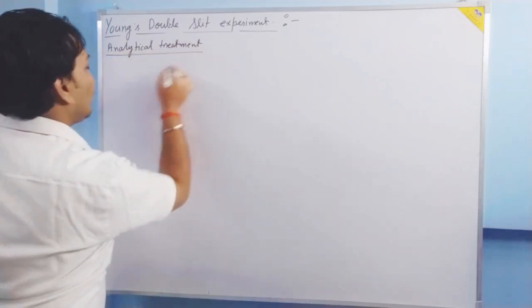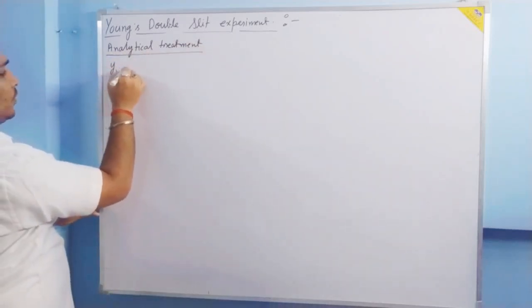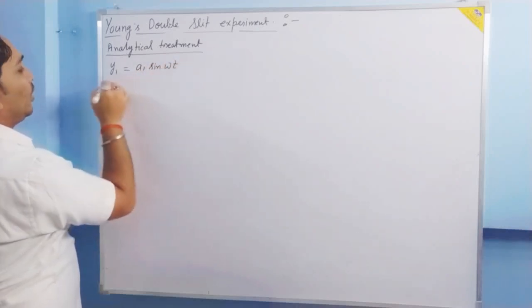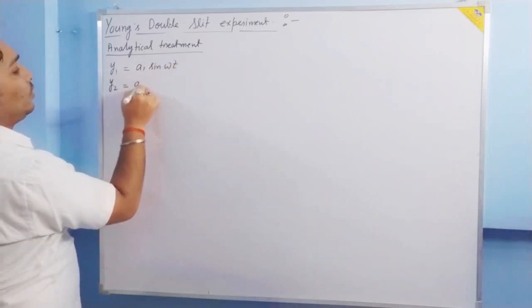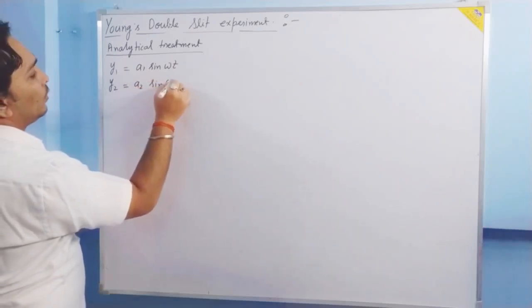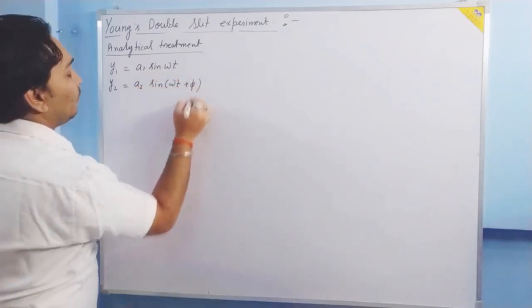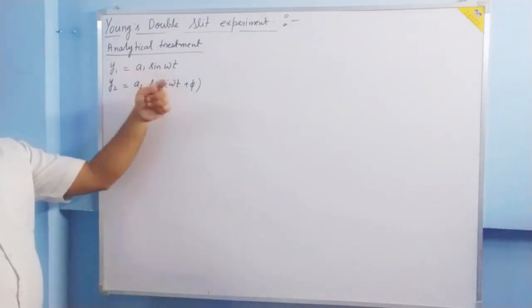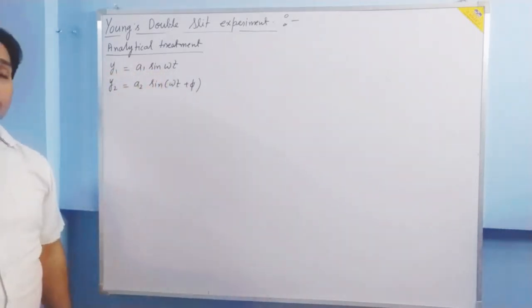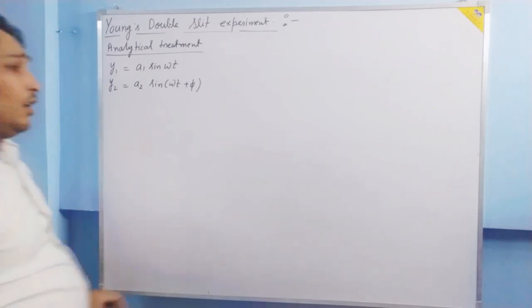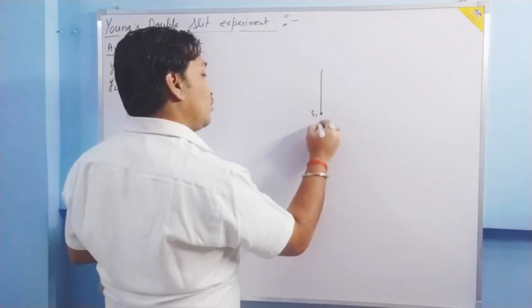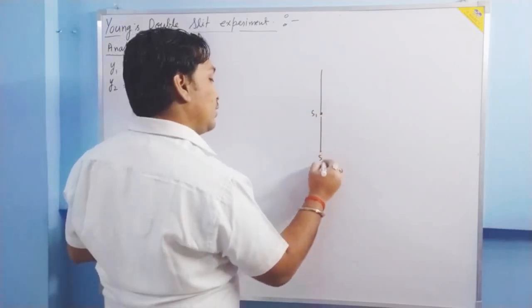Now suppose the first wave is y1 = a1 sin ωt, and y2 = a2 sin(ωt + φ). This is wave, but actually I am taking the equation of displacement only. And why is it so? Because as you see in the previous diagram, if this is source S1, this is source S2.